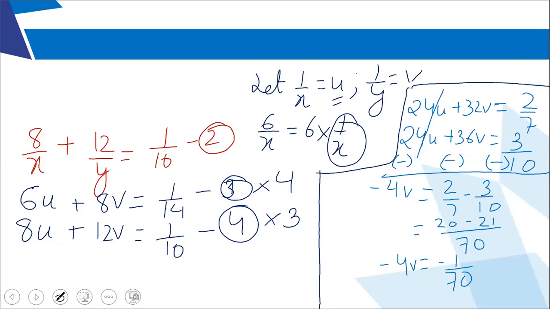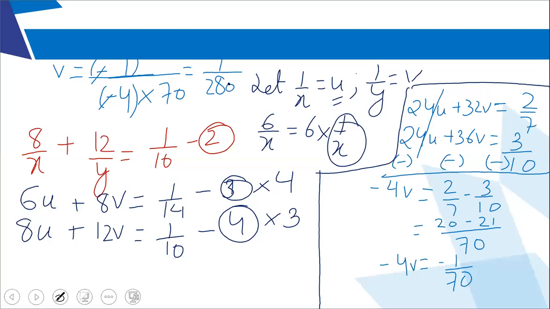So I will transpose this minus 4 to the other side. So this will happen like this, children. Minus 4 will get transposed in the denominator, and in the numerator already one minus is there. So minus minus will cancel. So it is 1 upon 7 4s are 280. Right?